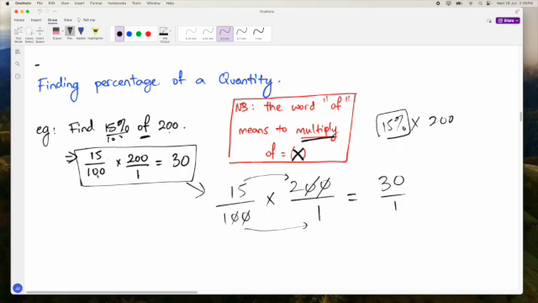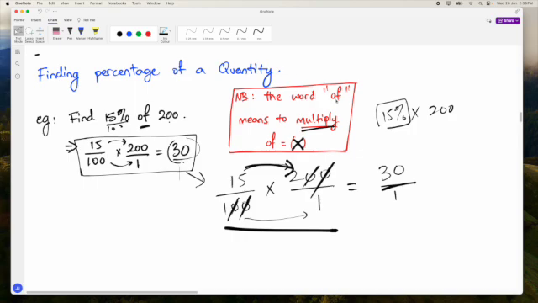So it'll be 15 over 100 multiplied by 200 over 1. We know how to multiply fractions. And we can see here that we can cross cancel these zeros. 15 multiplied by 2 gives us 30. So that means that $30 would be given to the government in tax.